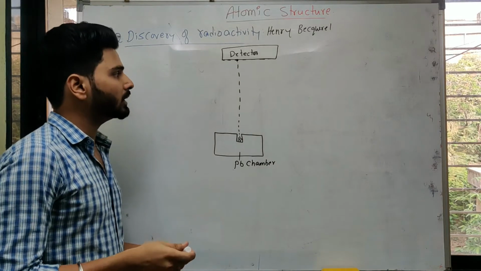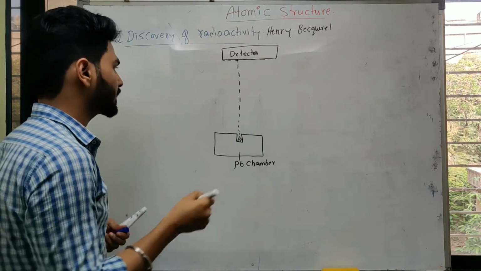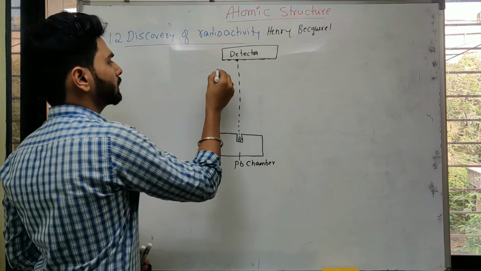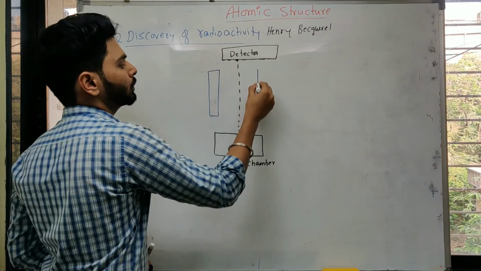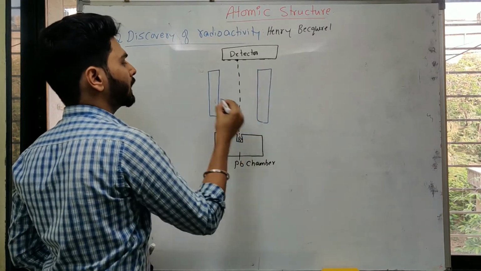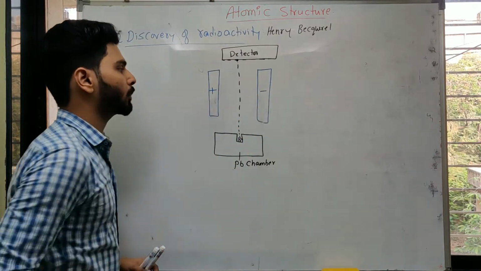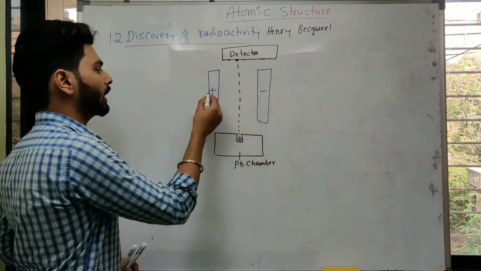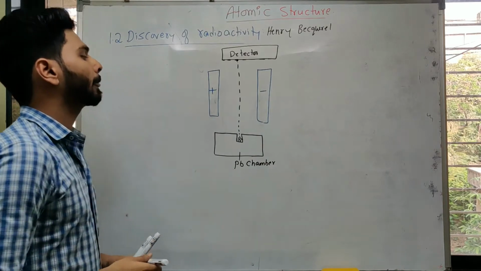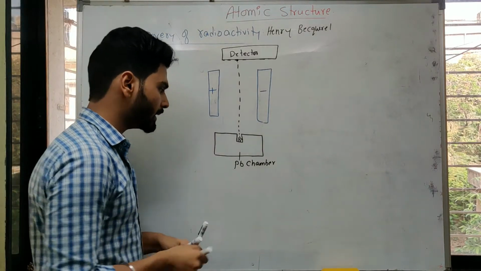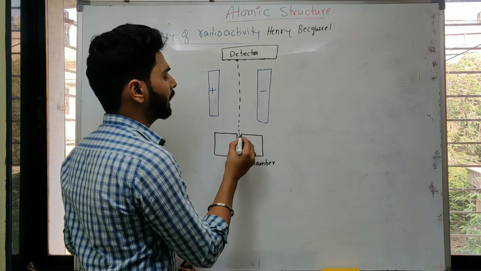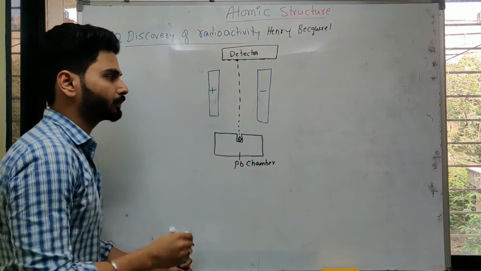So he studied the behavior of this radiation. He subjected these various radiations to an electric field. We know an electric field contains positive and negative terminals; they are connected to a battery, that's why. Some radioactive elements, when they ejected radiations, went undeflected.